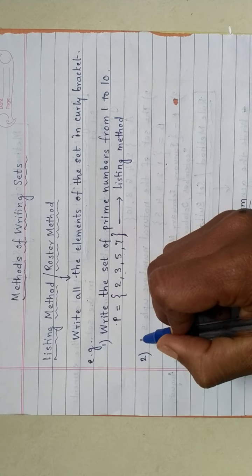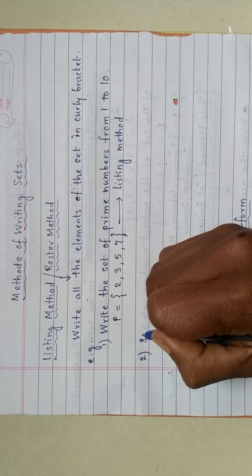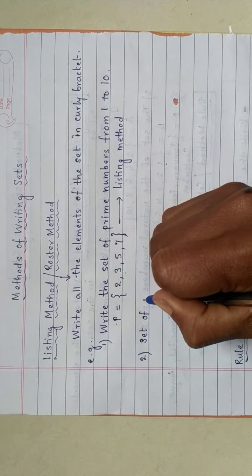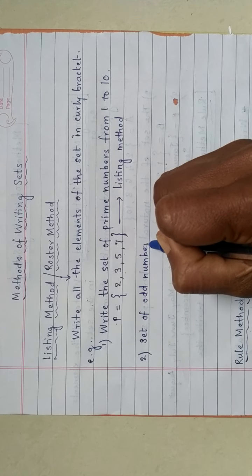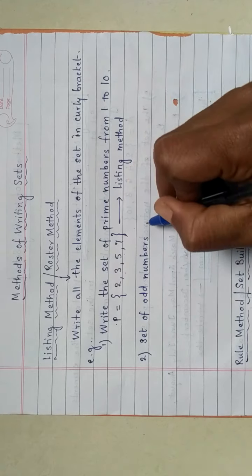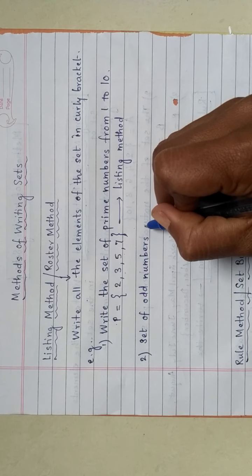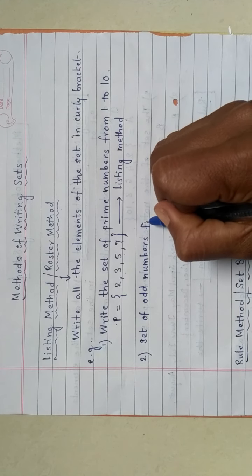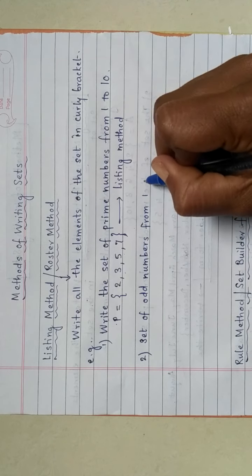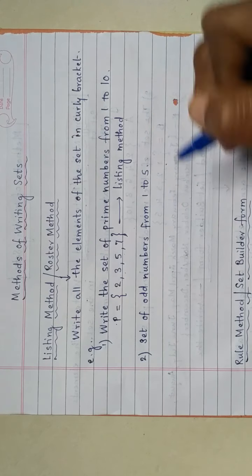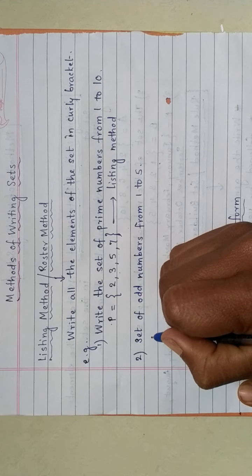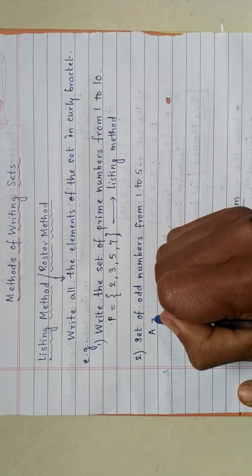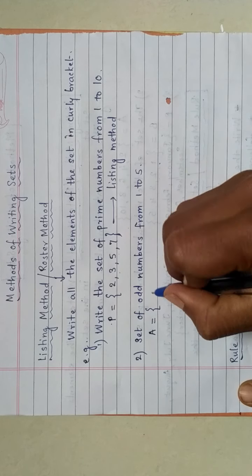Similarly, now consider another example. The set of odd numbers from 1 to 5. Say we represent it by the letter A. So A is a set of odd numbers.